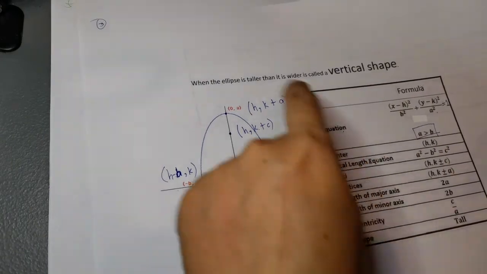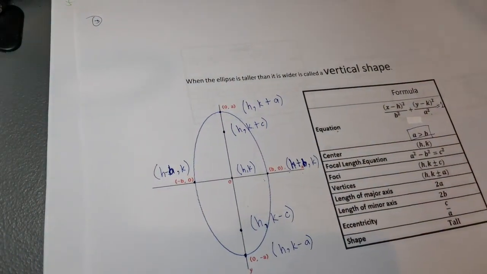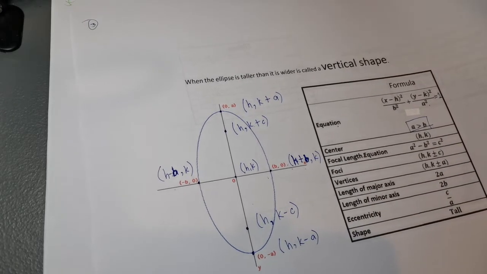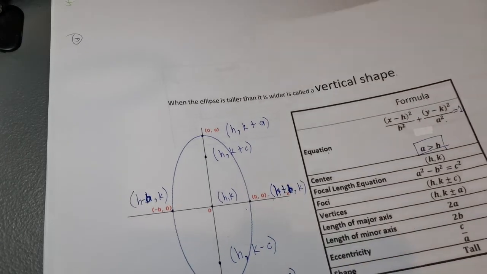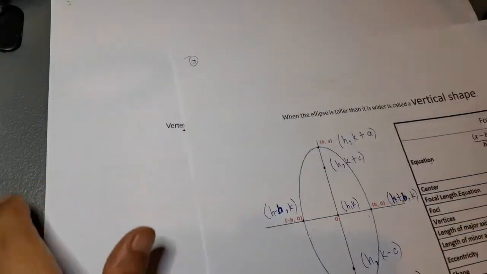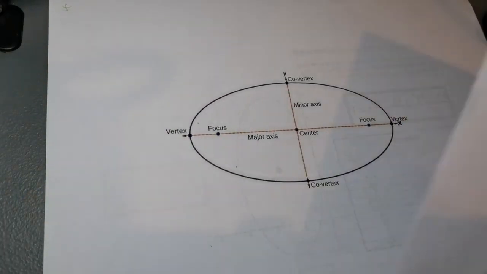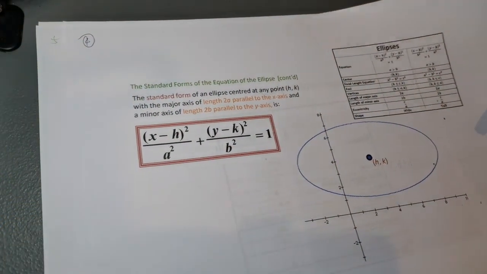So, we are going to apply all this as we go on finding the center, the foci, the eccentricity, the length of the major and minor axis, the co-vertices and all that. Okay? And even equations of ellipse. Okay? Now, let us elaborate more.